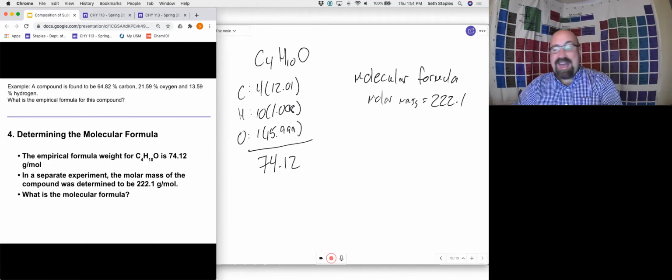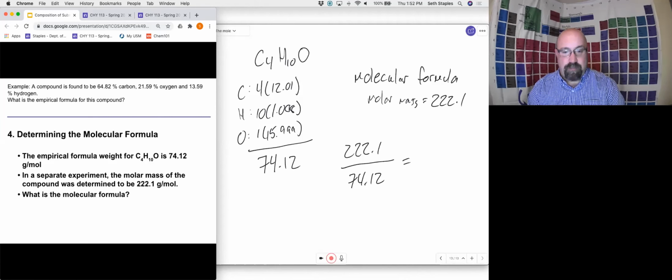So what we can do now is take our molar mass of the whole thing, 222.1, and divide that by 74.12. That's going to tell us how much we are scaled up by as we go from the empirical to the molecular. We plug that into the calculator, 222.1 divided by 74.12, and we find 2.996. Basically a scale factor of 3.